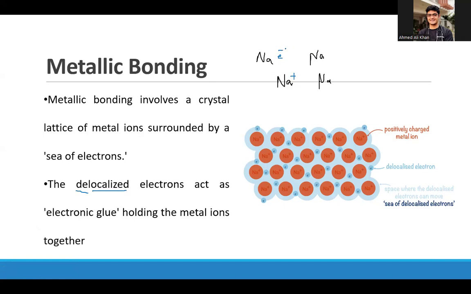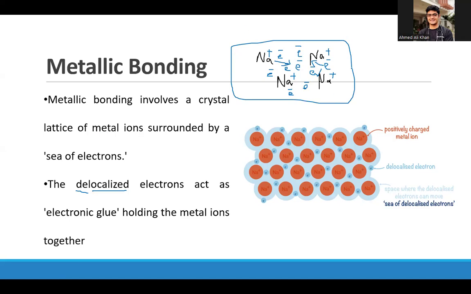The electrons are negatively charged, and the atoms are positively charged. So a lot of electrons fill the space in between, and they will be positively charged atoms. So a cloud or sea of negatively charged electrons, whatever you want to call it, is holding these positively charged sodium ions together, forming a lattice known as a crystal lattice of metal ions.